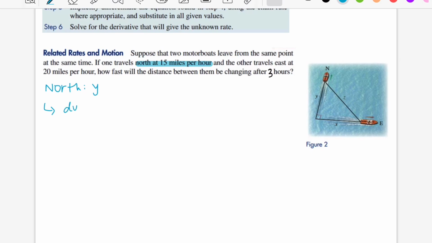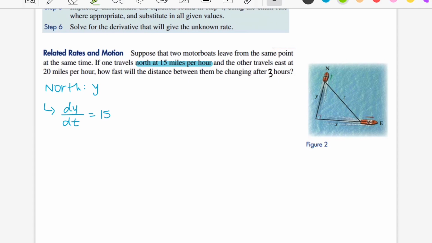So this means dy/dt is going to be 15. Right? So every single hour, y is changing by 15 miles. So y is a function of t.